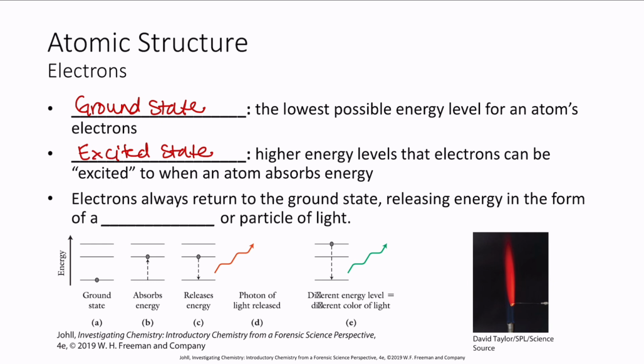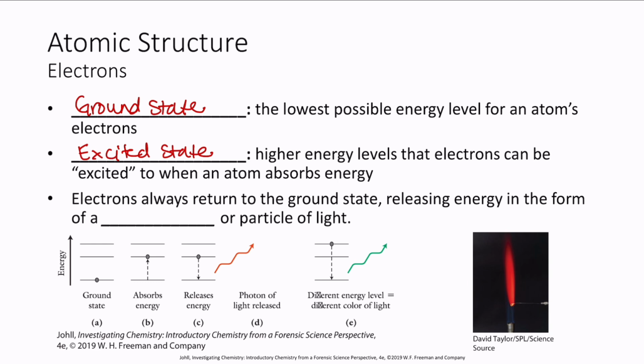Now, it can't stay there indefinitely. If you take that energy away, it's no longer excited. It's going to release energy as it decays back down or relaxes back down. And as it does so, it's going to give off a different type of energy than was absorbed. So electrons will always return to the ground state.